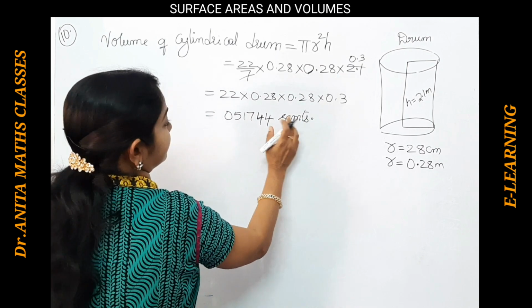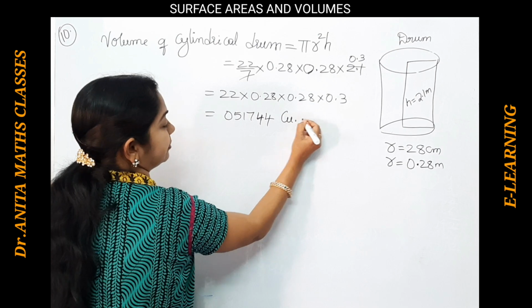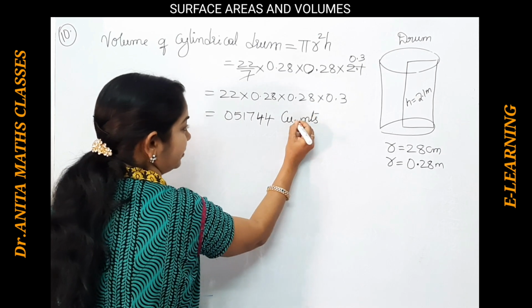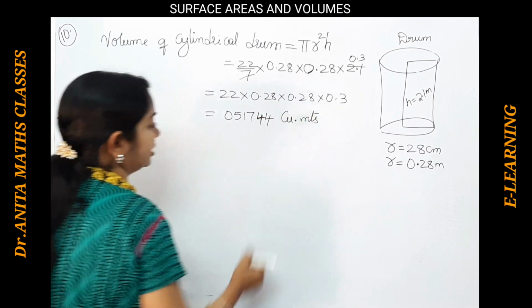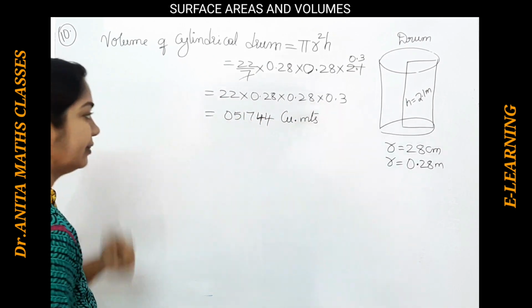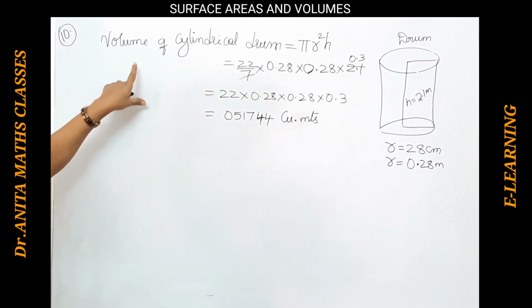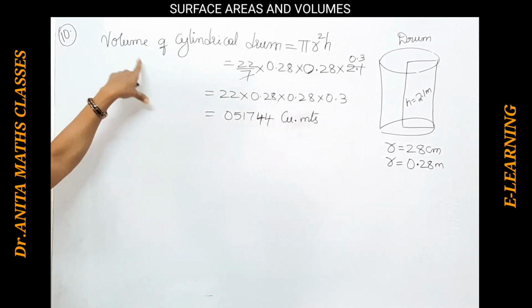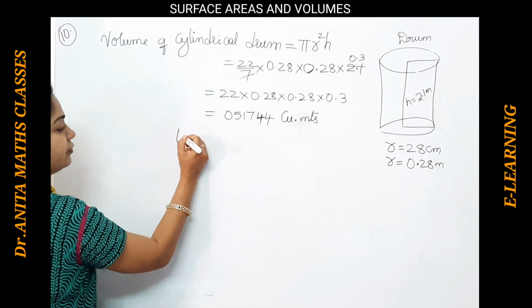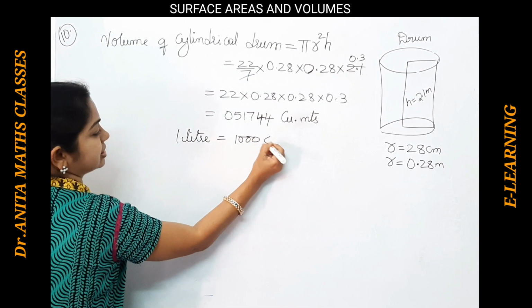Sorry, this is in cubic meters. Volume is measured in cubic units. So this much you get if you multiply all this, do the calculations there. But the question asks us to express the volume of the cylindrical drum, how much water it stores, in liters. So we know that 1 liter is equal to 1000 cc, isn't it?